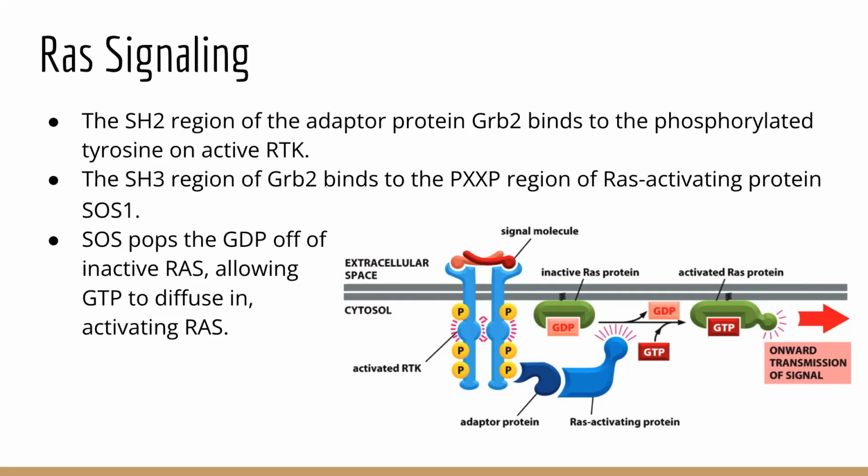On the slides, it says SOS, but you can just call it RAS-GEF. SOS is just a GEF. Like in the RAN pathway, the GEF allows RAS to dissociate the GDP and allows GTP to diffuse in. And this is what activates RAS.